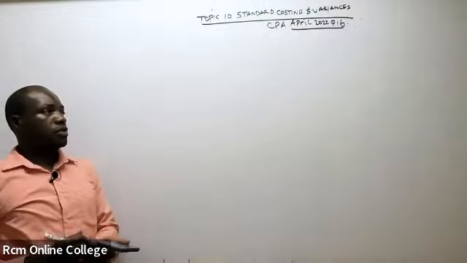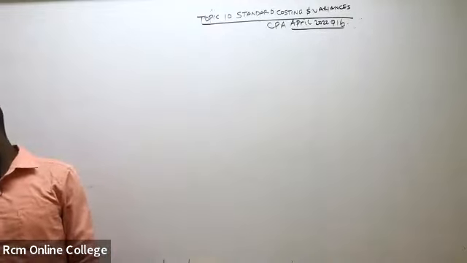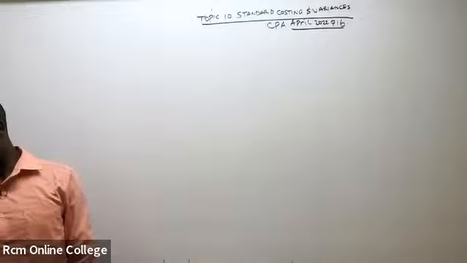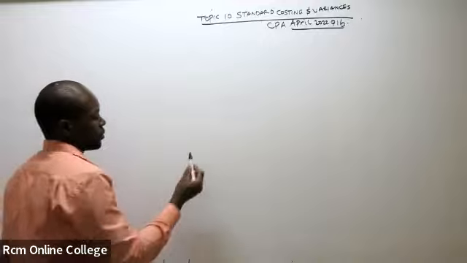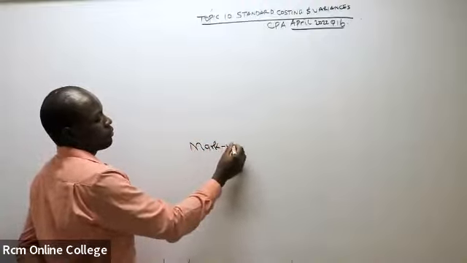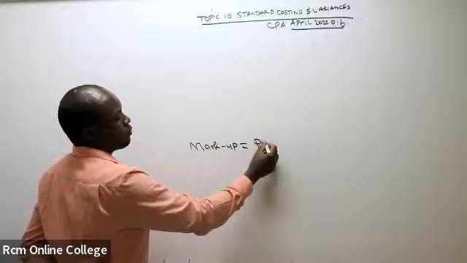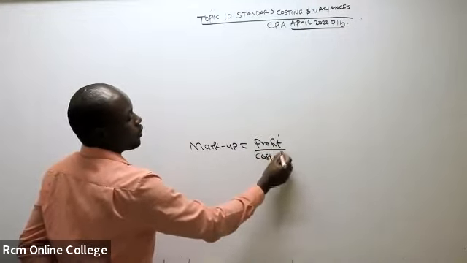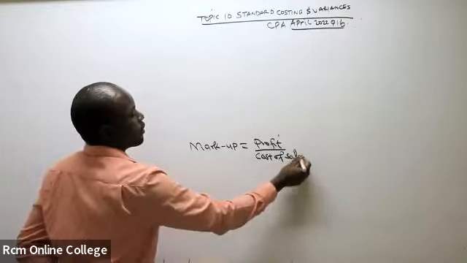Which part should I repeat? Okay, write this somewhere. Markup is profit over cost of sales.